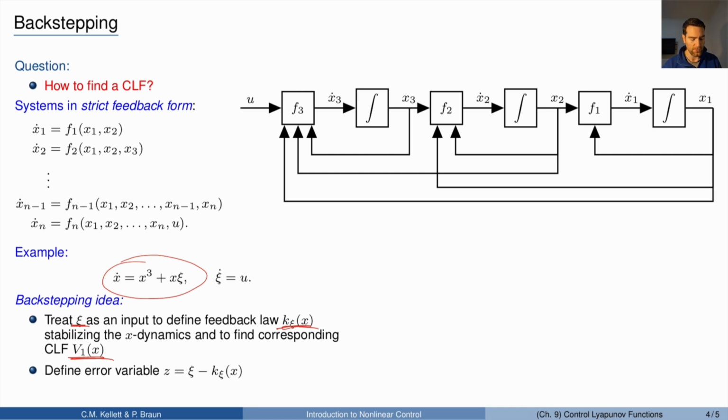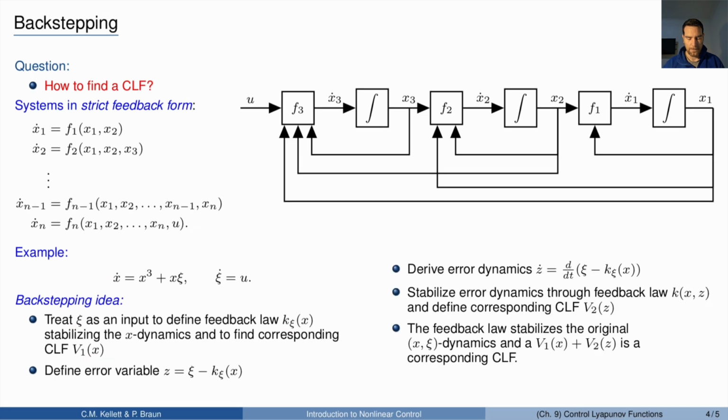So that's why we introduce as a next step an error variable, the mismatch between psi and what we would like psi to be. We define that as z. Based on z, we can define the error dynamics, taking the derivative and then taking the derivative of psi here or here. This is where then the input u pops up for the second order system.